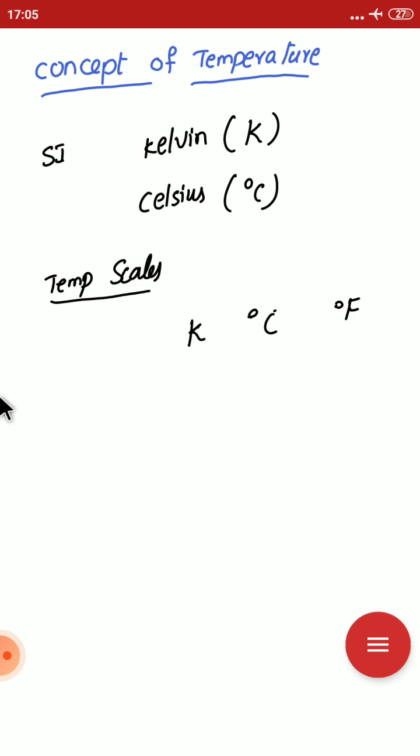The boiling point of water is 100 degrees Celsius.